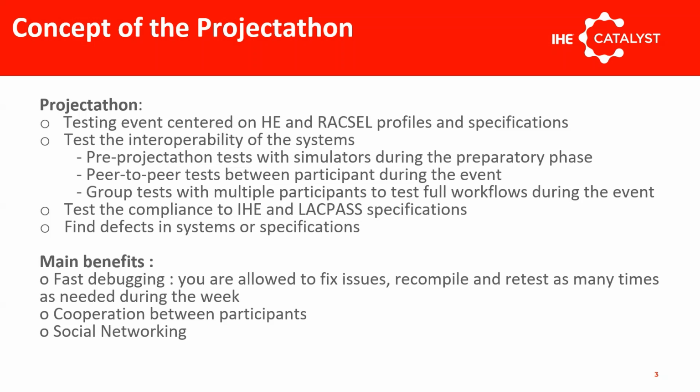The other countries are waiting to be more mature on the peer-to-peer tests before switching to the group of tests. But for LagPass, maybe for the upcoming event we'll try this type of test, or if it's not possible, maybe next year. But it's very important, and also very complex, to validate the interoperability between several systems that are connected together.